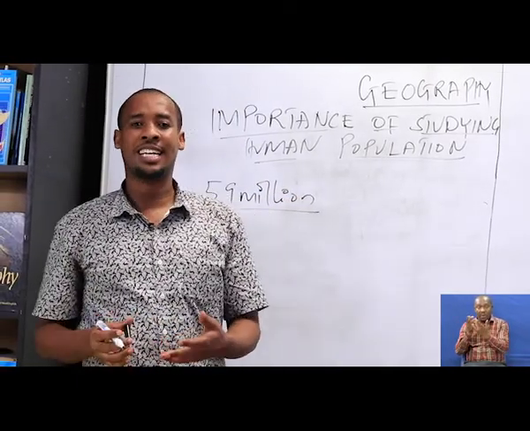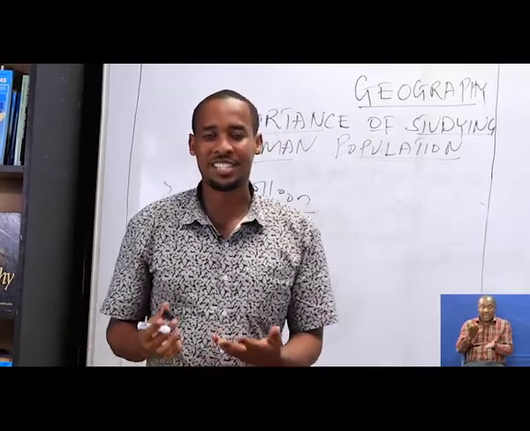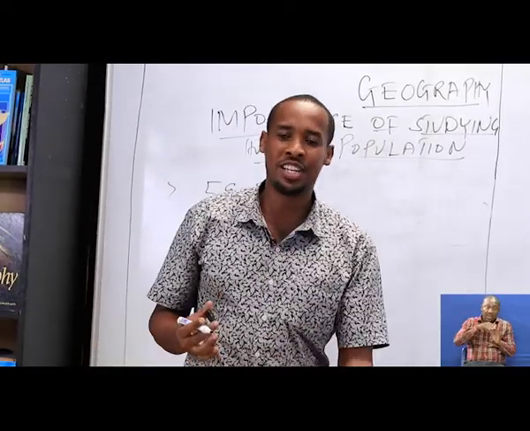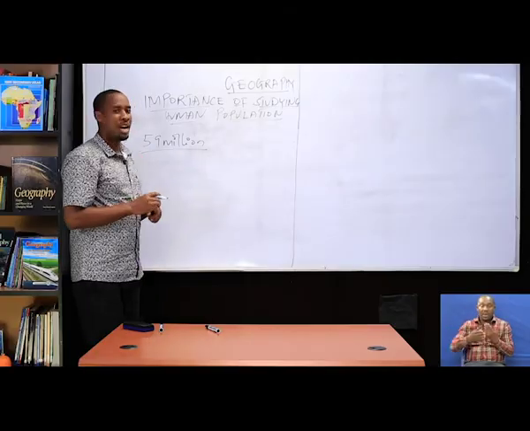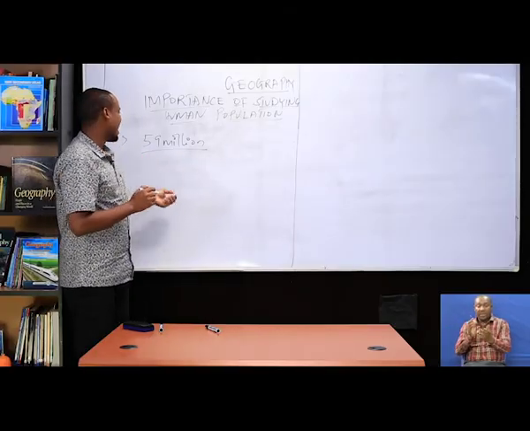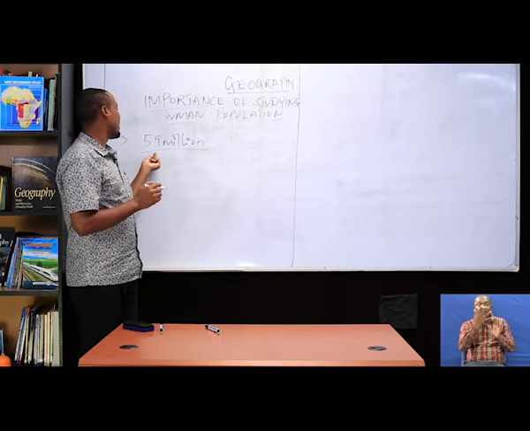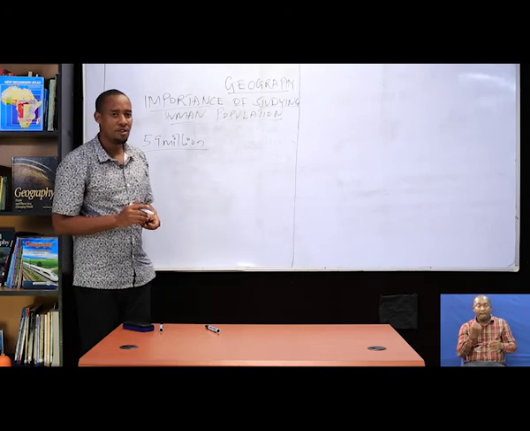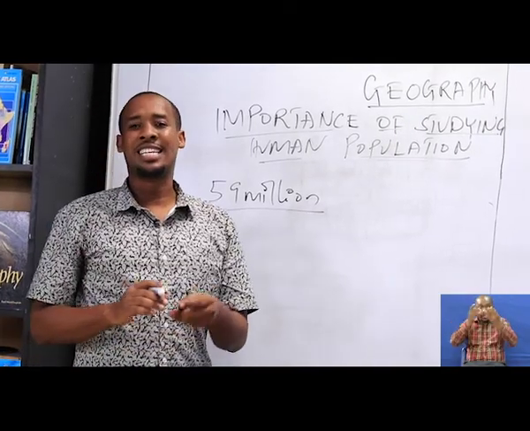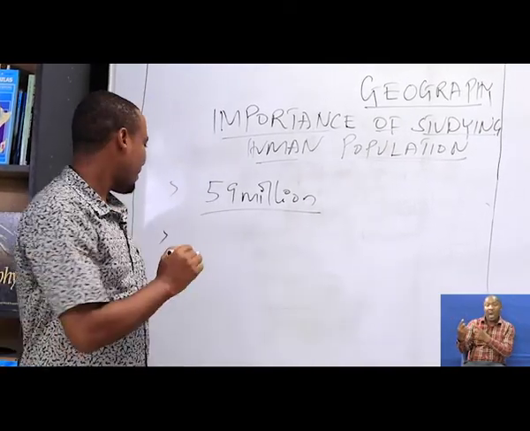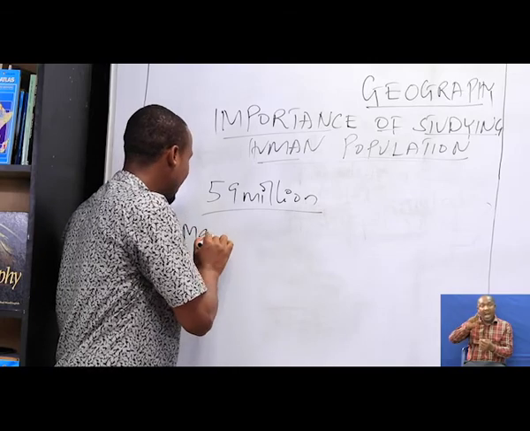Human populations tell us the population size, whether in terms of age and sex. The second is that, through studying populations, someone may know the marital status of people in a certain country.